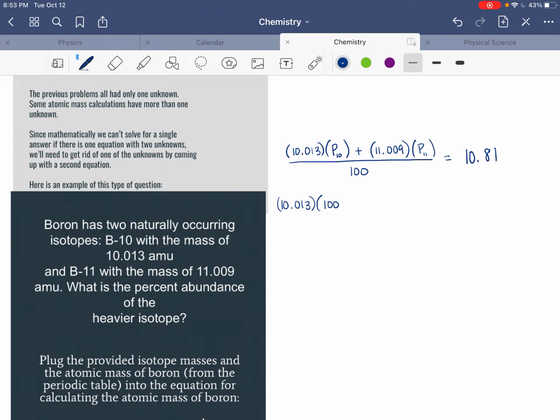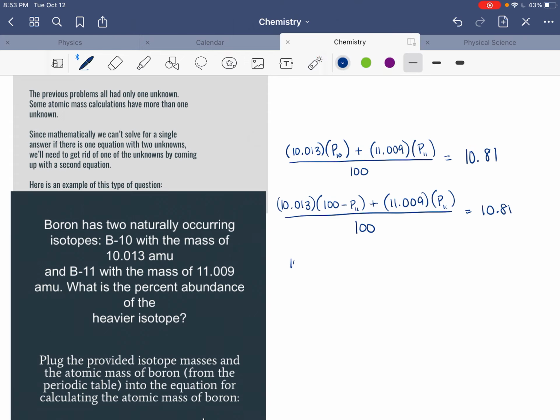So 100 minus P11 plus my mass of P11 times the percent of B11 divided by 100 and equal to 10.81. Okay, so now all I have to do is use algebra in order to solve for my P11. So the first step I'm going to do is I'm going to multiply both sides by 100 so that I get the 100 out of the denominator here.